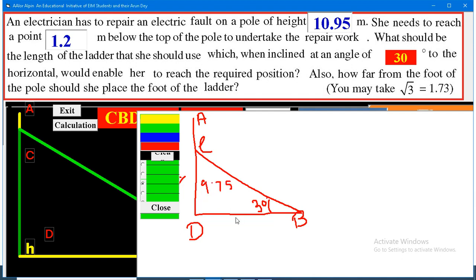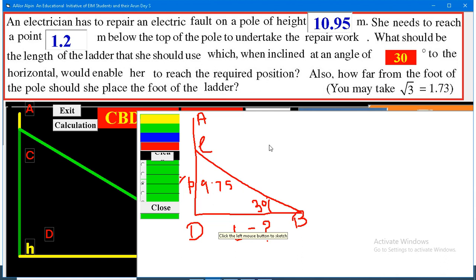And I have to find this base. What is the difference? So again, perpendicular length is given. I have to find the base. So I have to apply the tan formula.